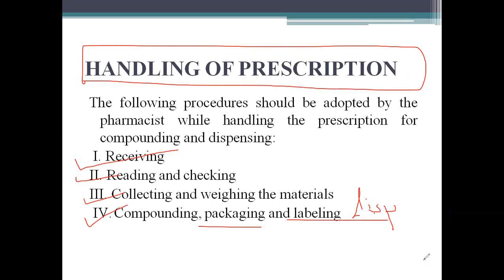So these are the 4 handling points of the prescription by the pharmacist. Understand, don't forget. Repeat which 4 points. Receiving, reading and checking, collecting and weighing the material, last point compounding, packaging, labeling and dispensing to the patient.